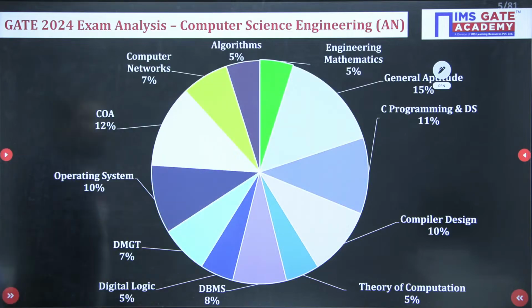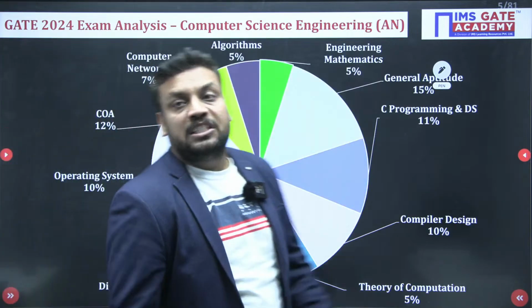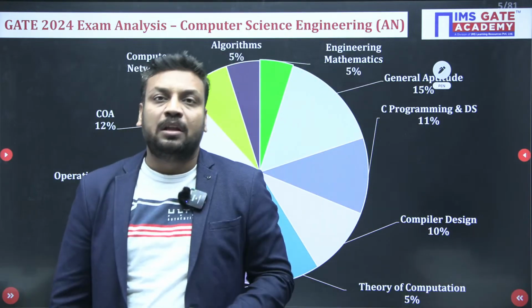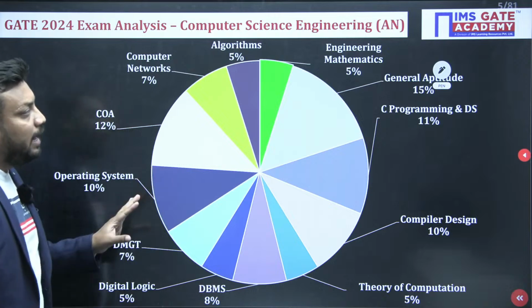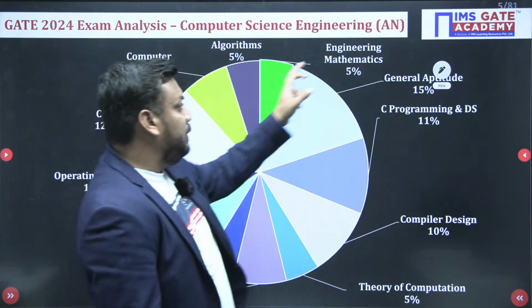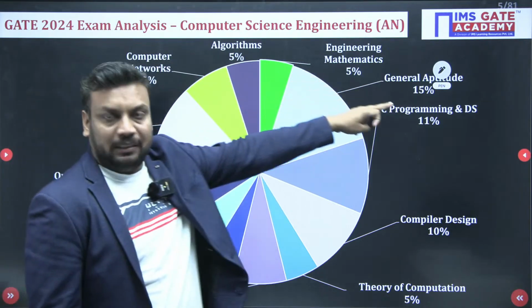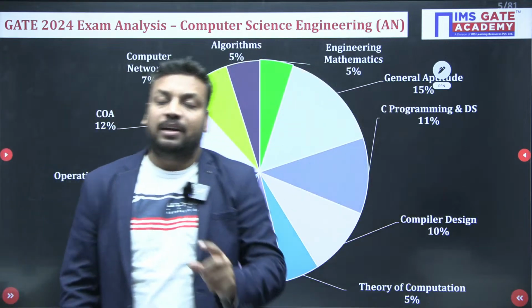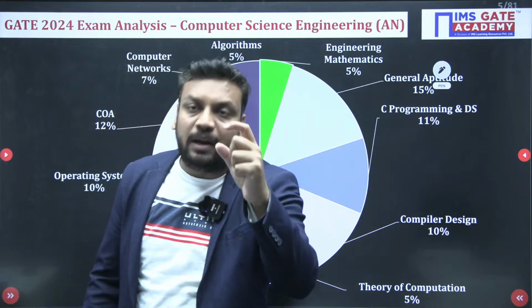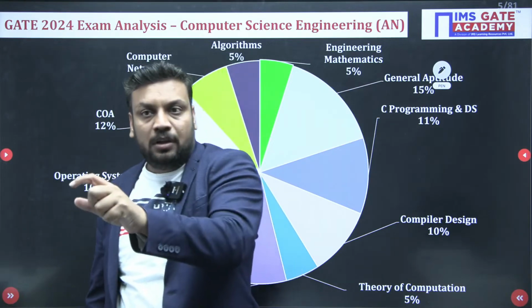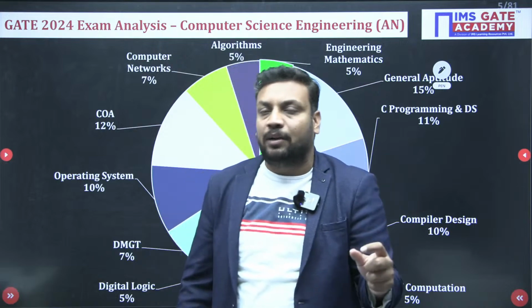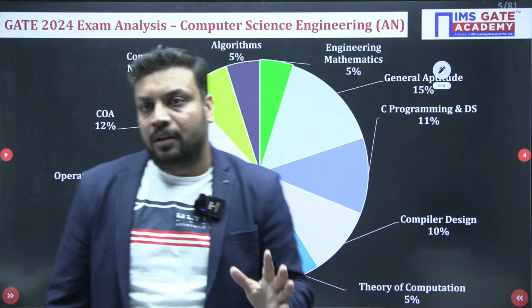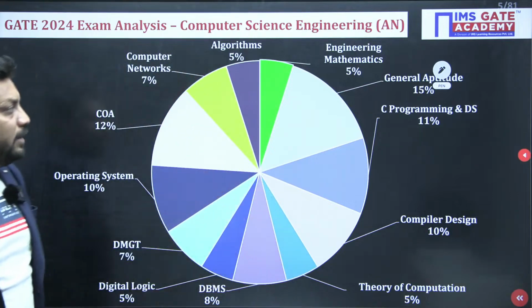So guys, if I talk about the overall subject wise weightage for the GATE 24 afternoon exam, here we have the pie chart. Engineering mathematics 5 marks, general aptitude 15 marks, that is always fixed. Why is engineering mathematics weightage less? Because the syllabus is also less compared to other branches. In computer science, engineering mathematics has only linear algebra, probability and calculus.